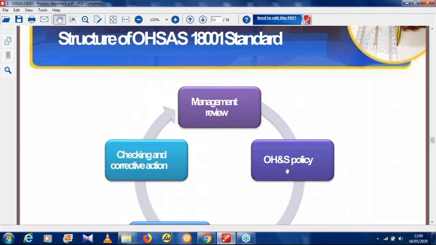But if you have done NEBOSH before, or if you're going to do it, then you will be told about the elements of our safety management system, the SMS. The component of the safety management system, and policy is one of them. In fact, not just one of them, it is a key one.